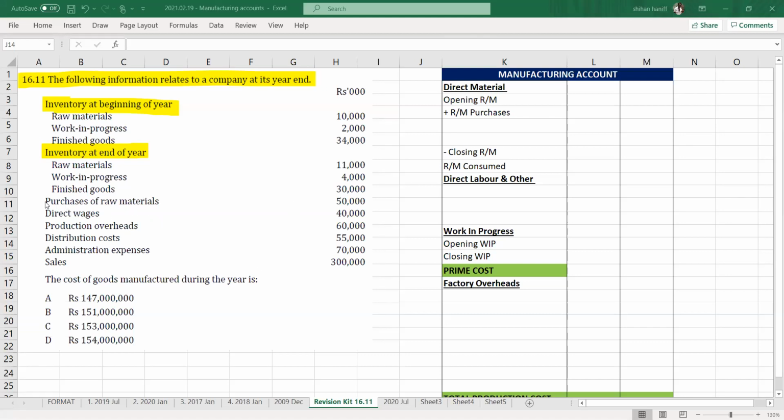Then purchase of raw material, direct wages, production overheads, distribution cost, administration expense, sales. The cost of goods manufactured during the year is, what is the answer?